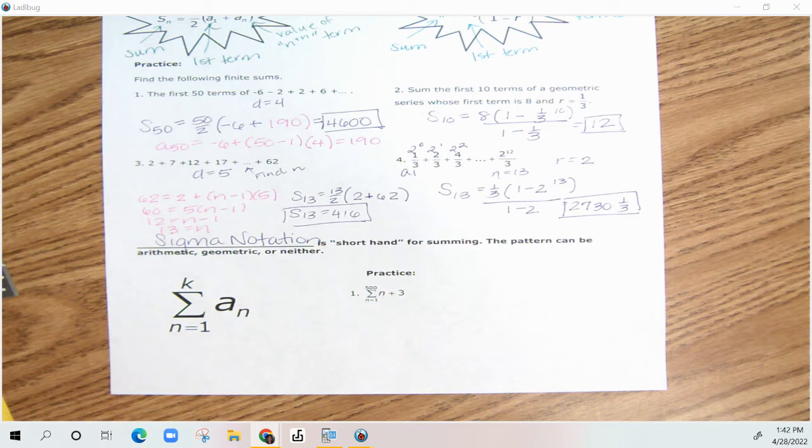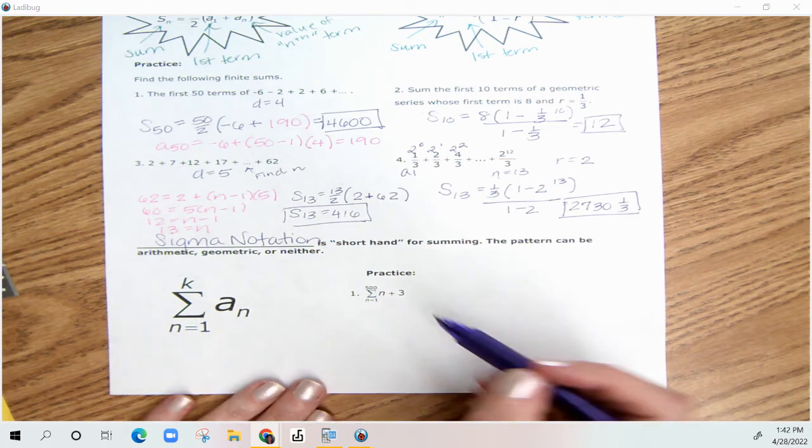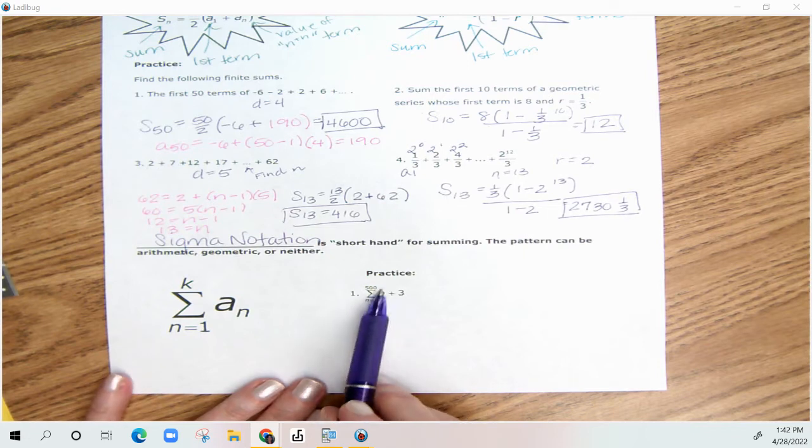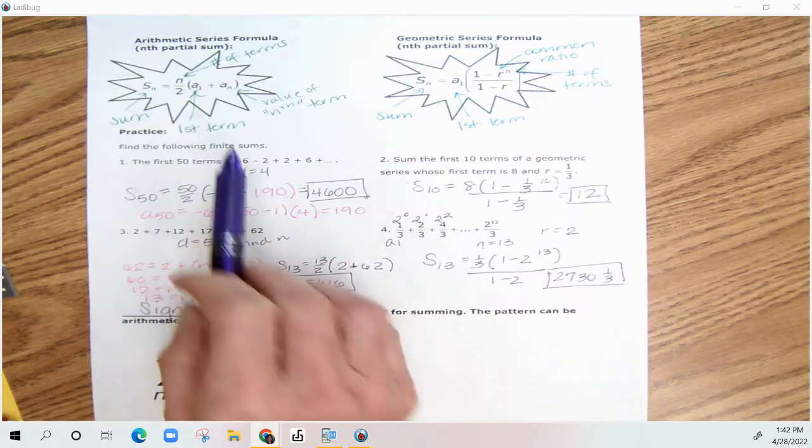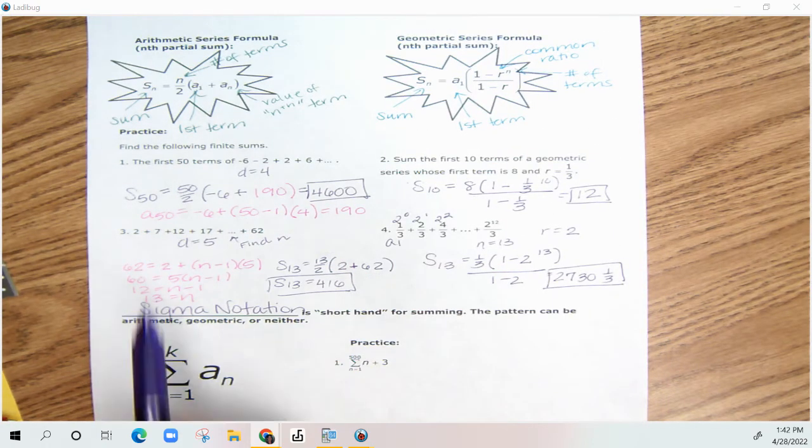So what do we do with this sigma notation? How do we use it? Well, first of all, the function to the right is linear because there's no exponent. So that tells me this is an arithmetic pattern. If I know it's an arithmetic series, I know what formula I can use, and I need to know n, a sub 1, and a sub n.